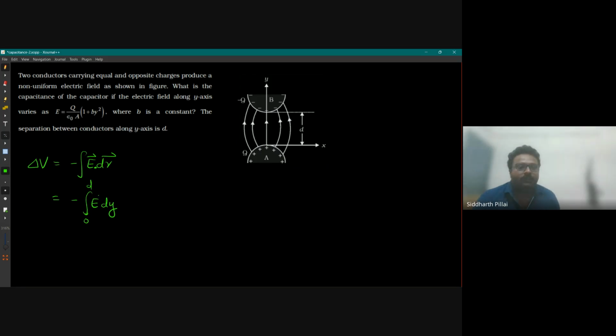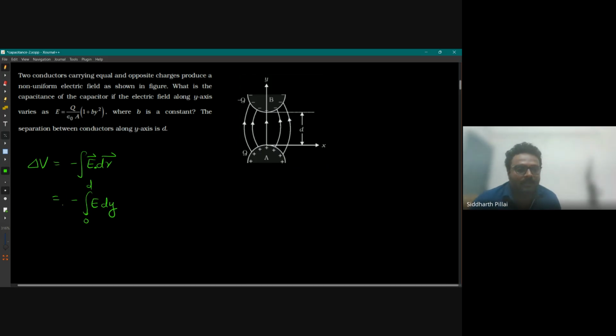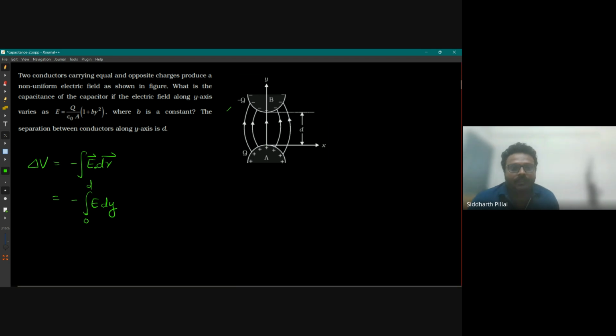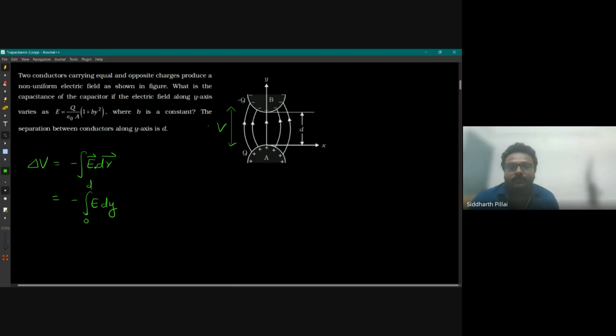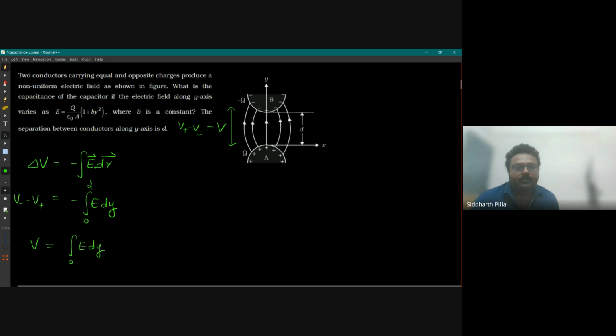And when I say delta V, this is V minus minus V plus, right? So let's say the potential difference here is V, which is V plus minus V minus, okay? And this delta V in this definition is V minus minus V plus, okay? So from here we'll get V is equal to integral E dy from 0 to d.